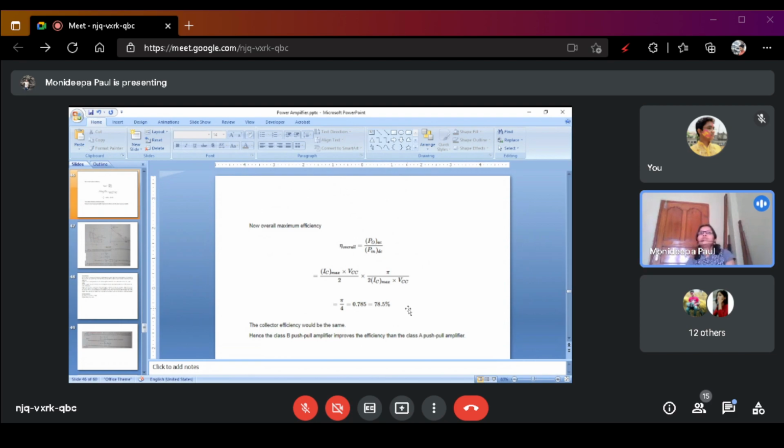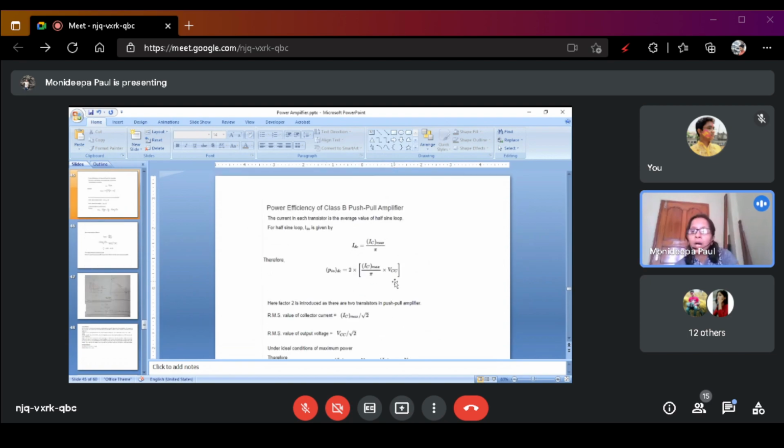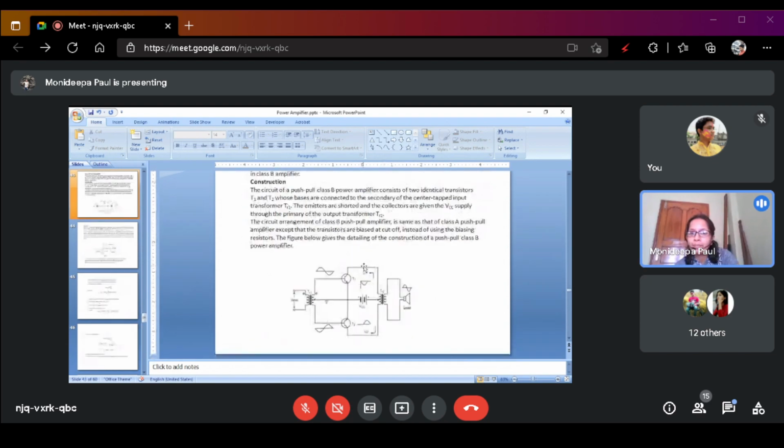But when you solve the numerical problem, VCC is given, but how do you find out the IC? At that time, what is the value of IC? IC is equal to VCC by RC. But here, what is the VCC? Here we use only one center tap transformer.